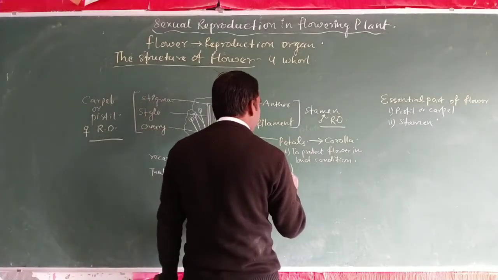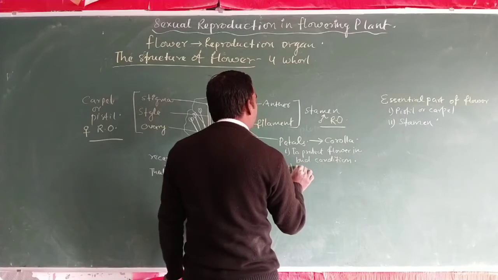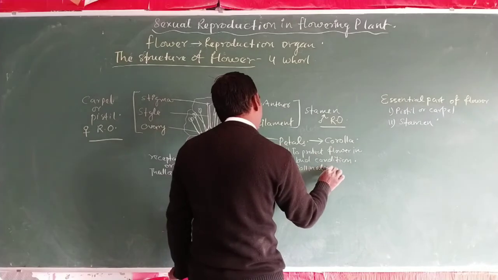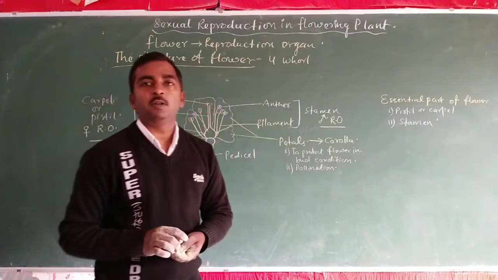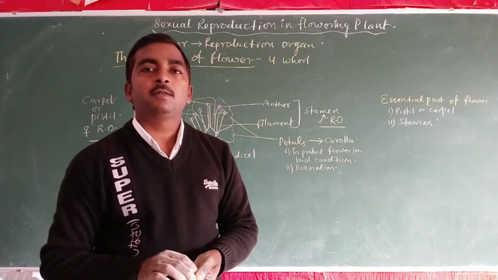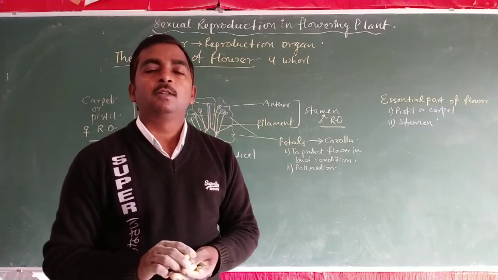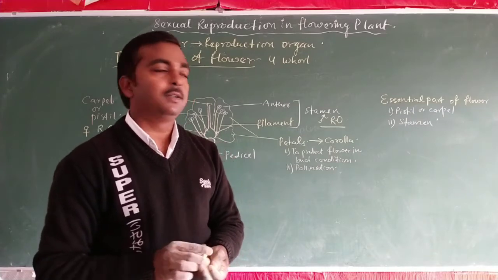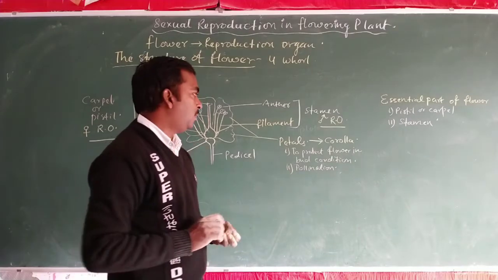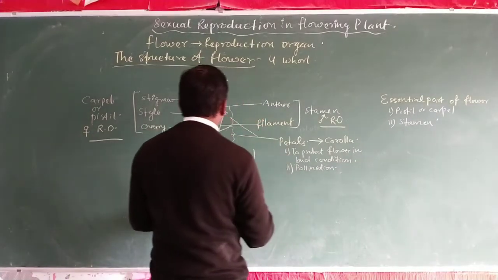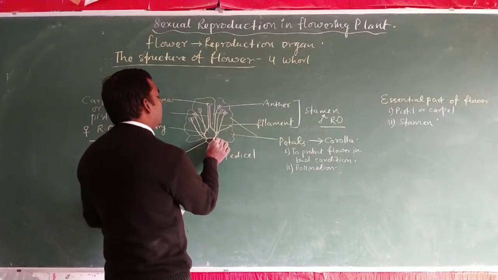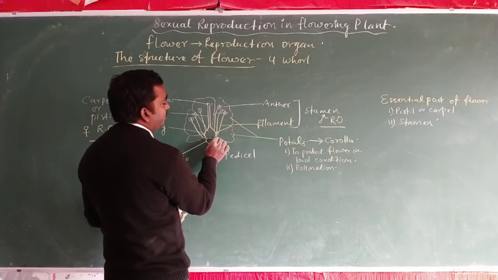The second function is pollination. Most cross pollination takes place with the help of insects, and those insects are attracted to the flower by its petals. So petals attract insects for the process of pollination. These are the two main functions of the petals or corolla.